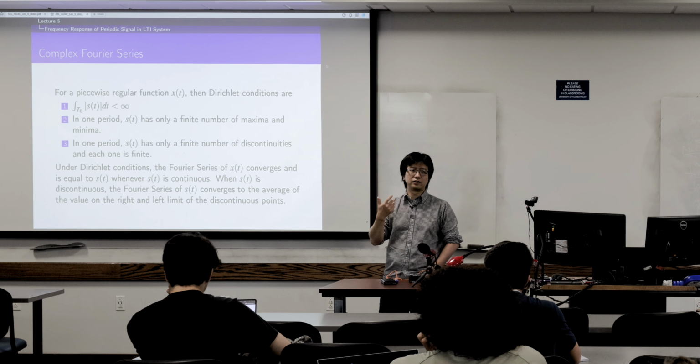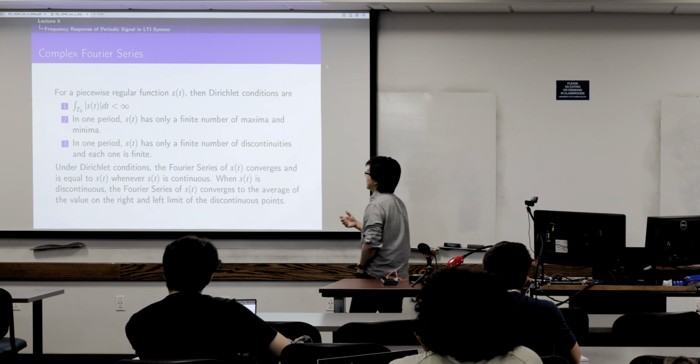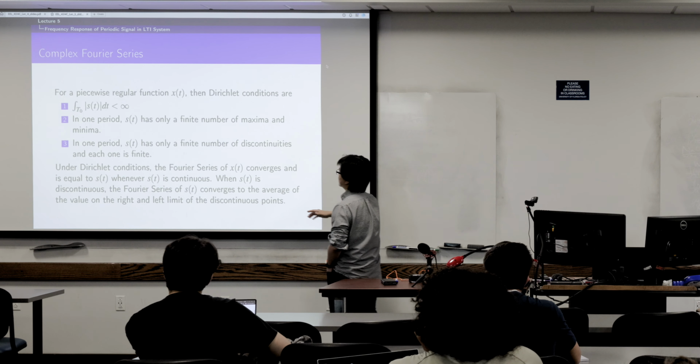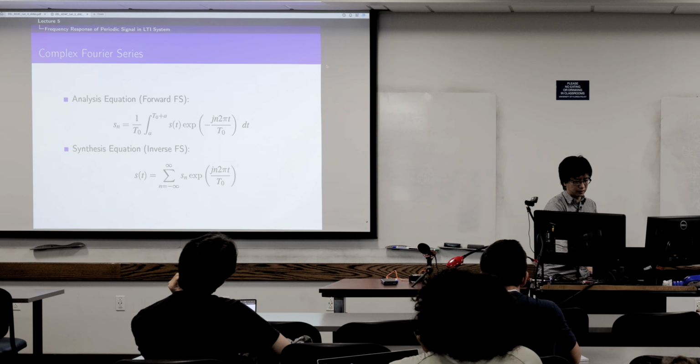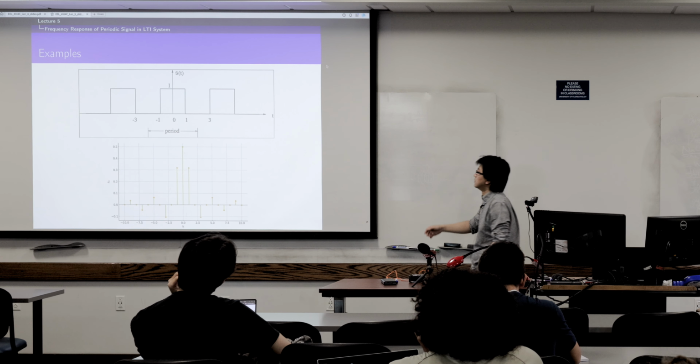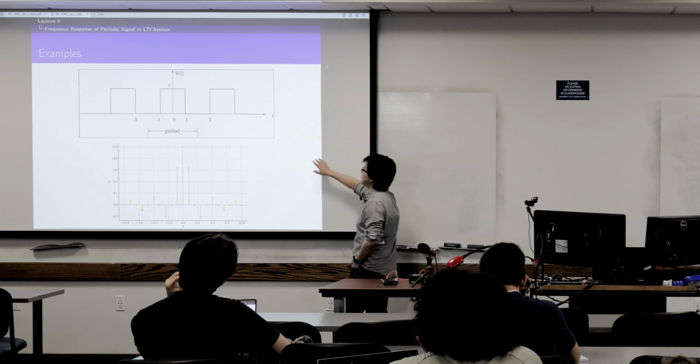Can you give me a counterexample, a signal that does not satisfy one of them, but we can still compute the Fourier series? How about the example that we just saw? For this signal, within one period, from here to here, it is absolutely integrable. Good. And for one period, does it have a finite number of maxima and minima?